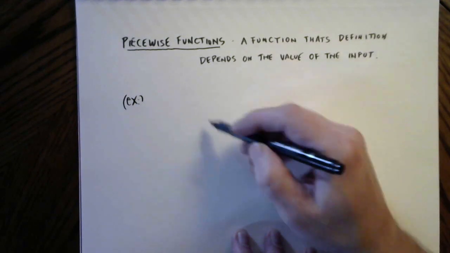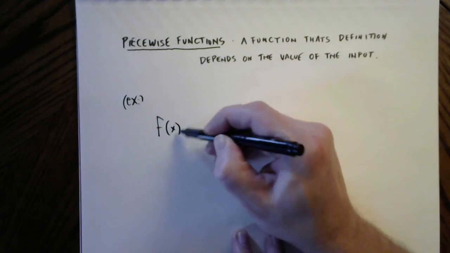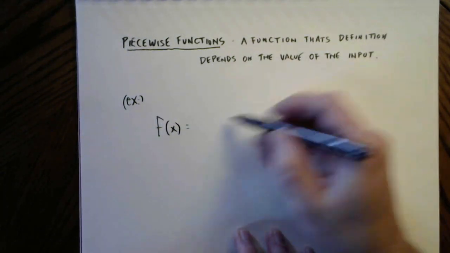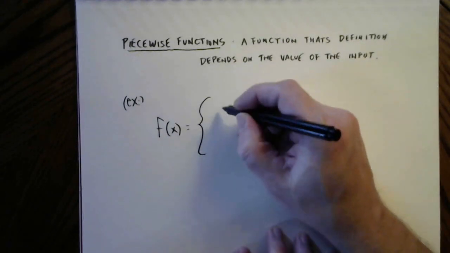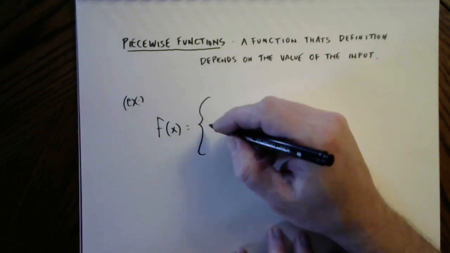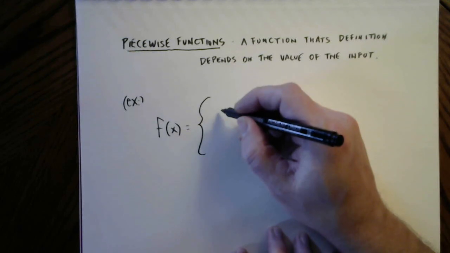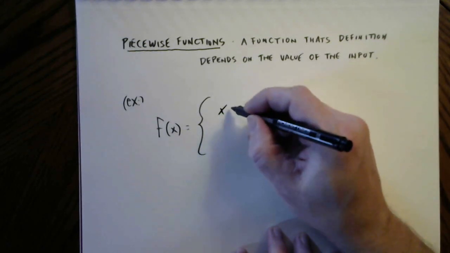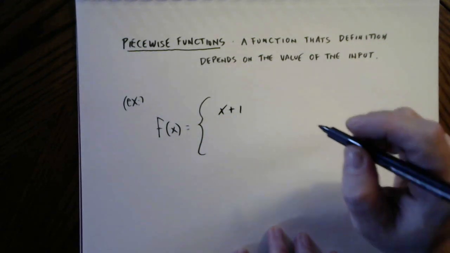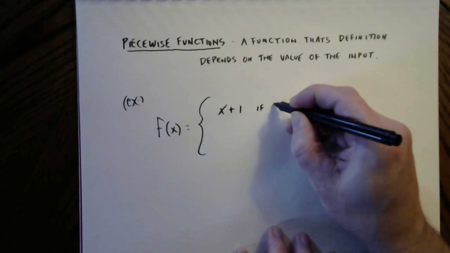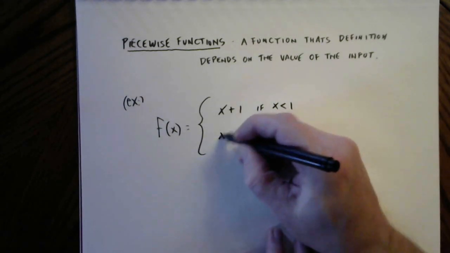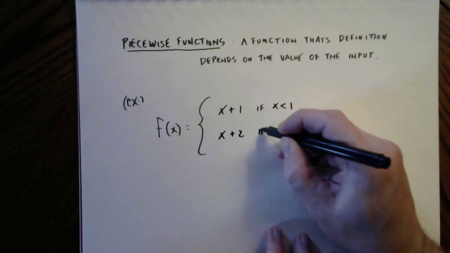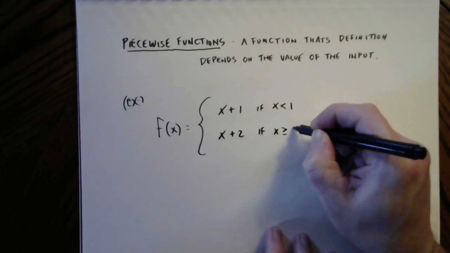Example. Use f of x equals, and then usually you see some kind of curly bracket like this. And let's say it equals x plus 1 if x is less than 1, x plus 2 if x is greater than or equal to 1.